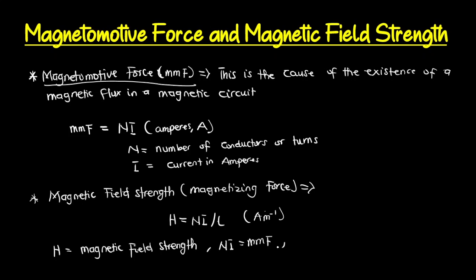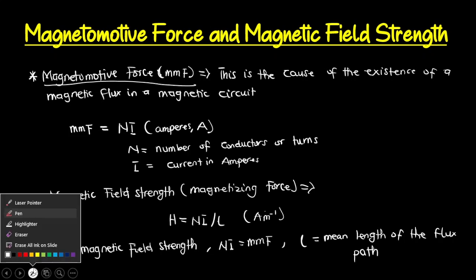And then the L over here is what we call the mean length of the flux path.